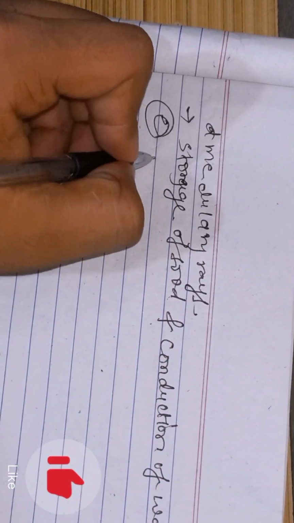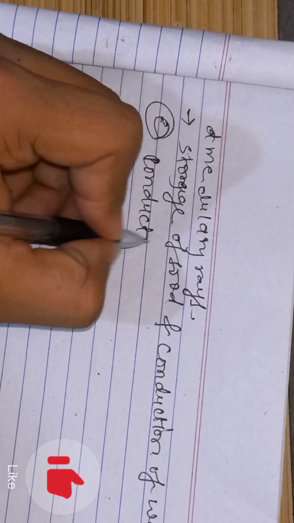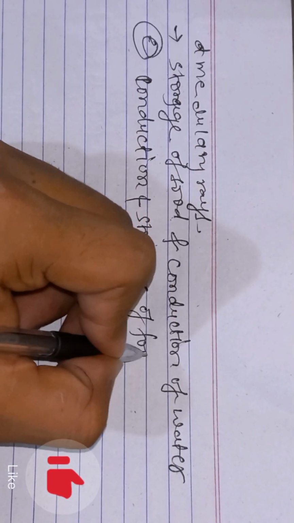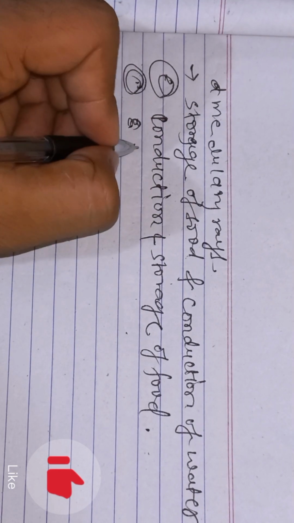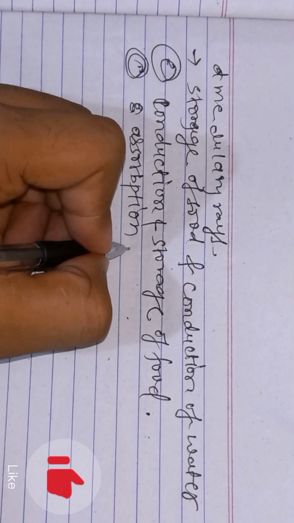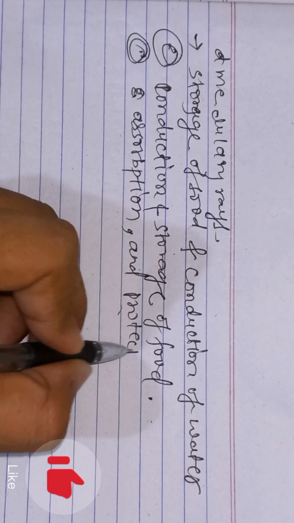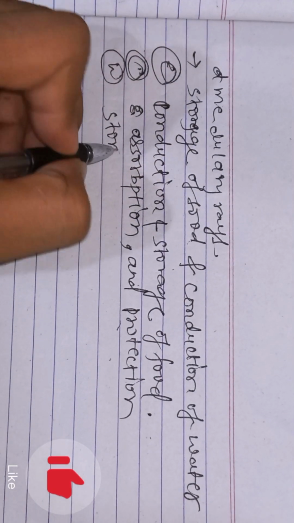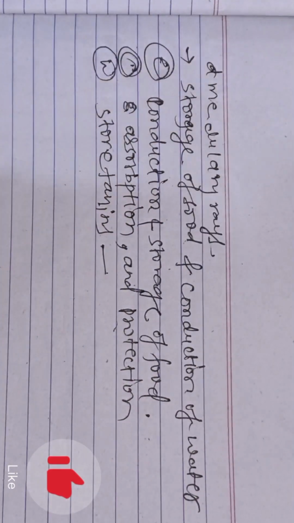And the phloem parenchyma, that helps in conduction of food and storage of food. Another one was epiblema, that helps in absorption and protection. The last one was idioblast, that stores tannin and other products.